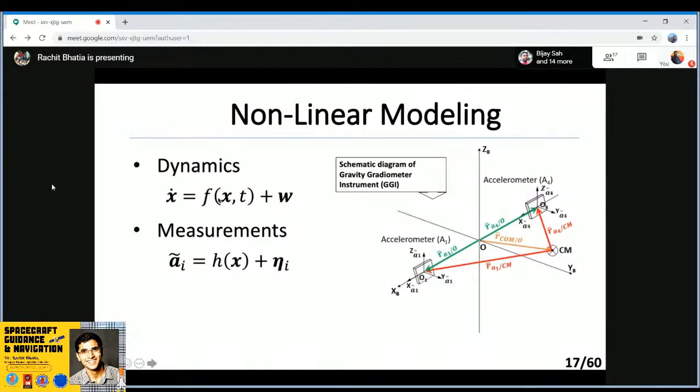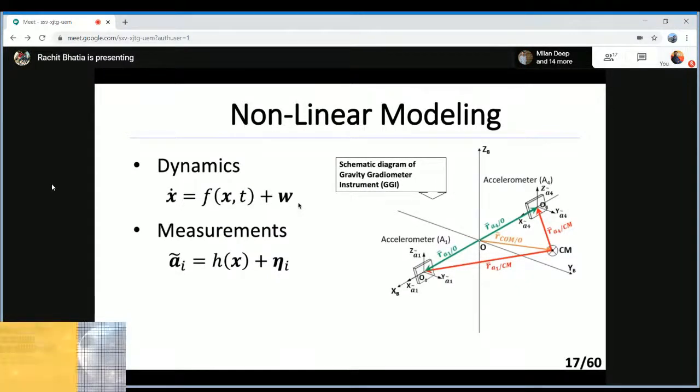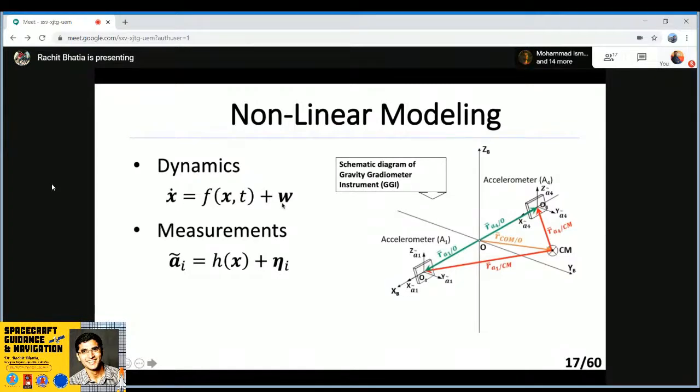I write the state dynamics, x dot, as a nonlinear function of state and time, and I add process noise, W, so as to include the noise which cannot be modeled. What we are trying to do here is tell the system what kind of real-world forces will be acting on it, and model them mathematically.